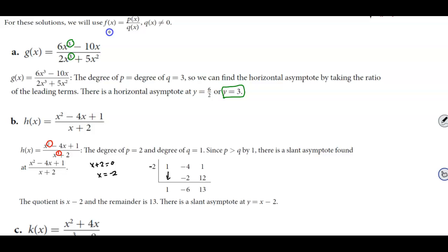Negative 4 plus negative 2 is negative 6. Negative 2 times negative 6 is 12. And 1 plus 12 is 13. Therefore, this is the remainder. So the quotient is x minus 6 with the remainder of 13.